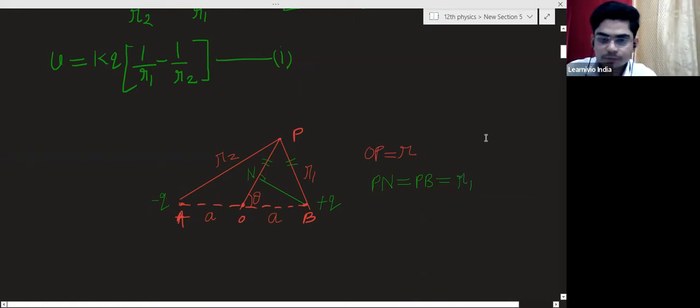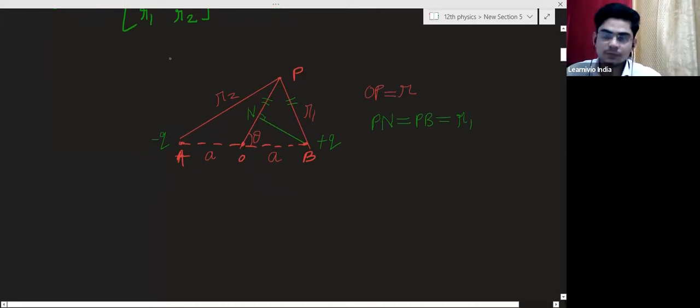Now, from here, can I calculate ON? Why am I calculating ON? You will get to know soon. ON can be calculated as OP minus PN.